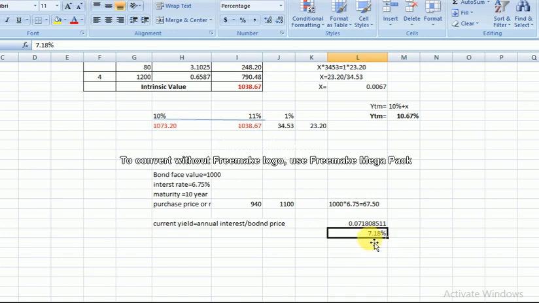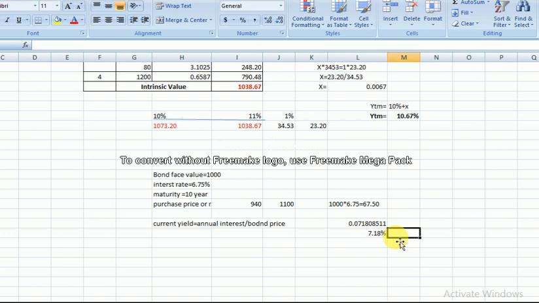Why has our yield return increased? Because of the discount price. So if the coupon rate is less than the yield return, it shows that the bond is sold at a discount price.